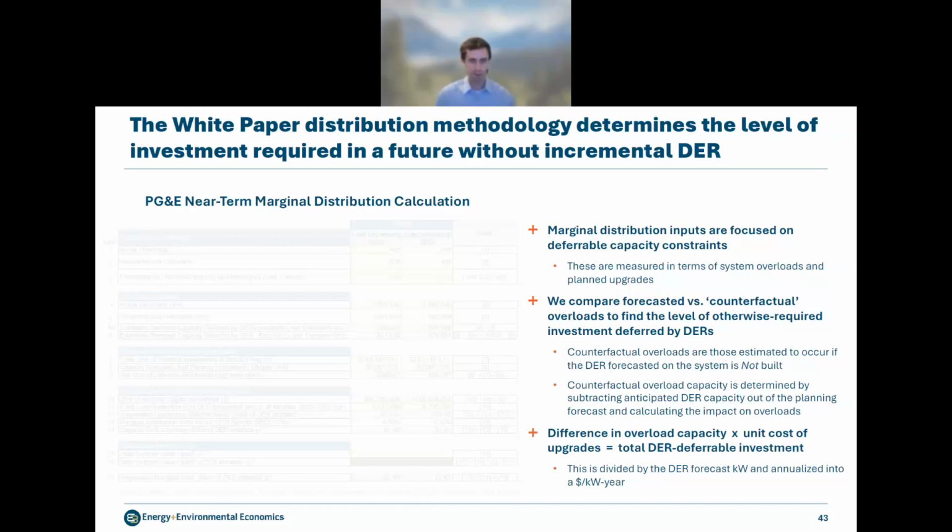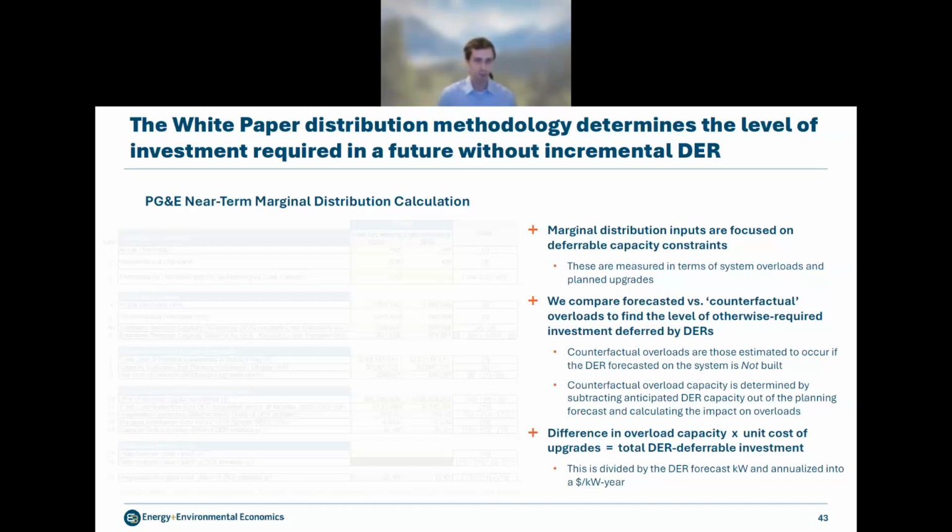So this methodology is going to get a little bit in the nitty-gritty already, but I do want to keep things at least relatively high level. So I'm going to just talk through the basic steps of the methodology before showing the summary calculation. But the purpose broadly of the white paper methodology, as I said, is to go from the bottom up or facility by facility and determine what distribution capacity constraints are avoidable or expected to be deferrable by DERs.